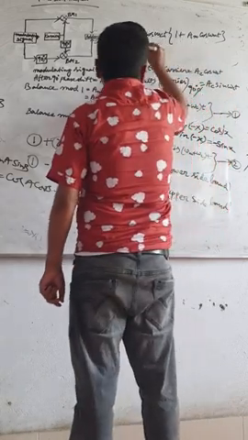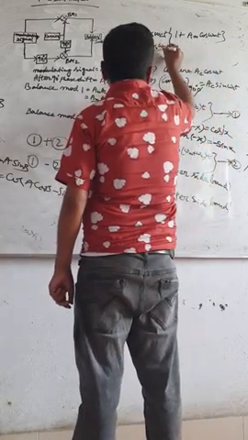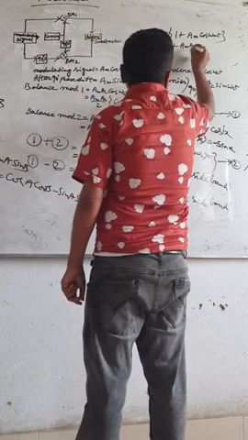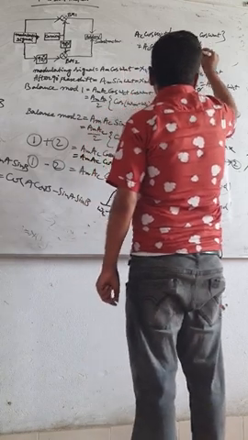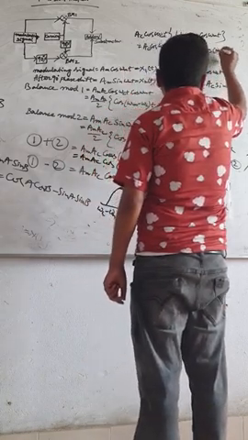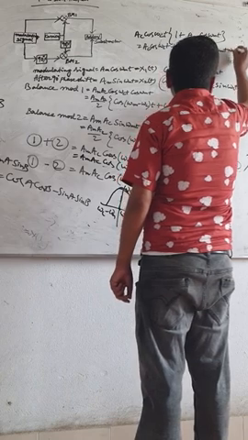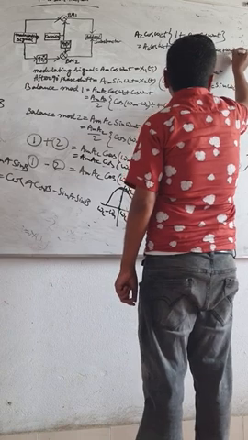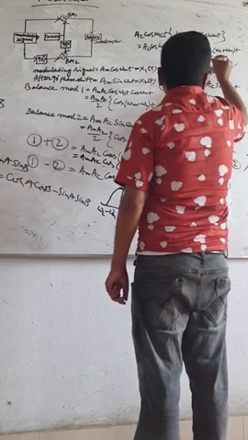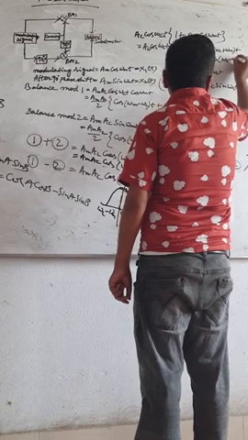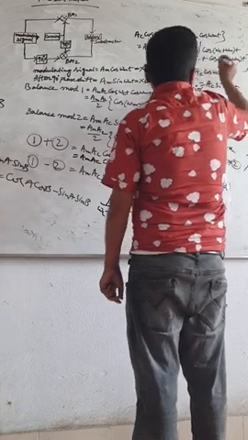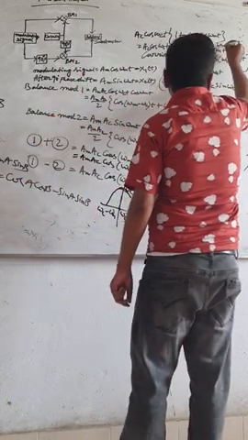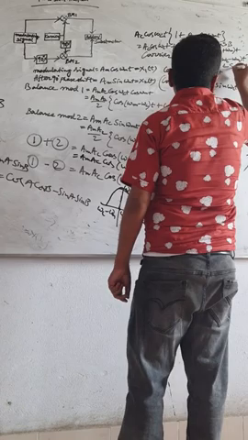So it is Ac cos of omega ct plus Am into Ac by 2 cos of omega c plus omega n into t plus cos of omega c minus omega n into t. This is your carrier, this is your upper side band, this is your lower side band.